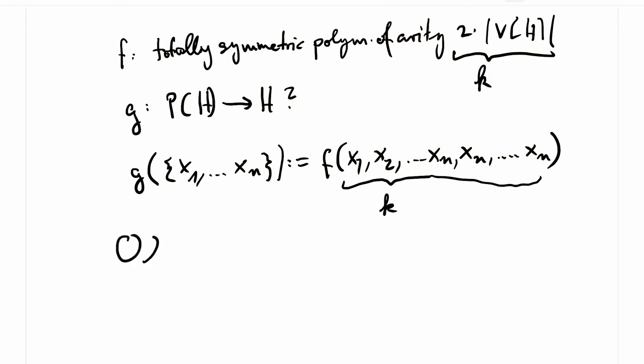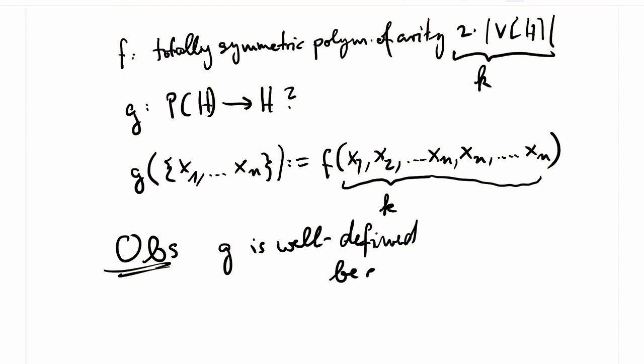Note the following observations. g is well defined. It doesn't matter in which order I list the elements x1 up to xn, because f is totally symmetric.